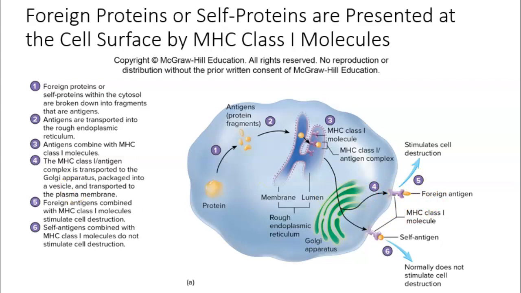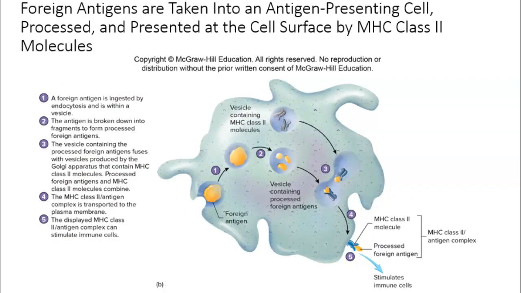All right, let's see what's going on with the MHC class 2 molecules. We said MHC class 2 molecules are produced by antigen-presenting cells. In the case of an antigen-presenting cell, which is more or less going to be a macrophage or a dendritic cell, which is a macrophage typically found in the skin and some mucous membranes, the macrophage will purposefully eat a foreign antigen by phagocytosis, bring it in via a vesicle, and chop up that foreign antigen into little parts.